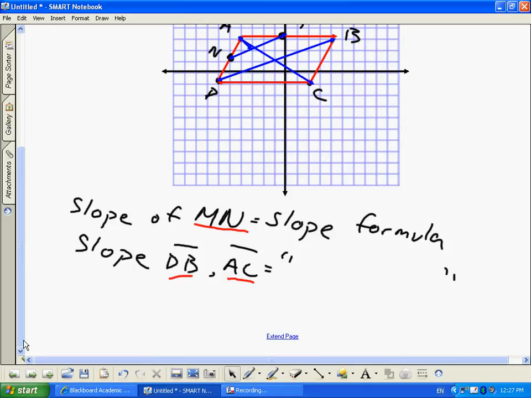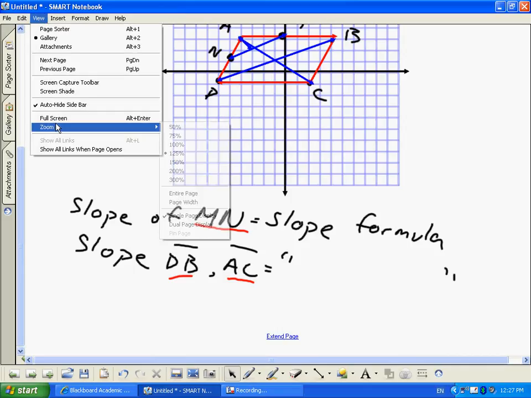Just not parallel. Just because they're not equal doesn't mean they're perpendicular, guys. To be perpendicular has to be negative reciprocal. There are other options in the world. Just parallel and perpendicular are two special cases. Anything in between is anything in between. Okay?